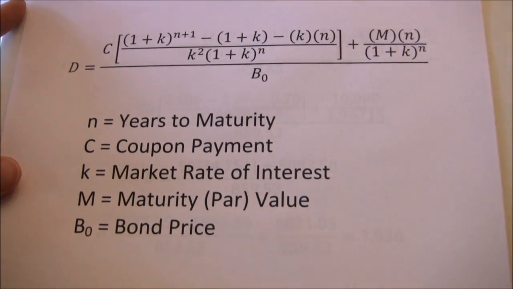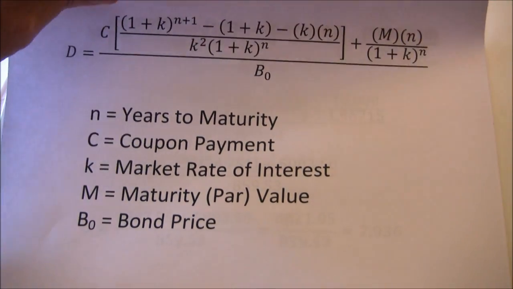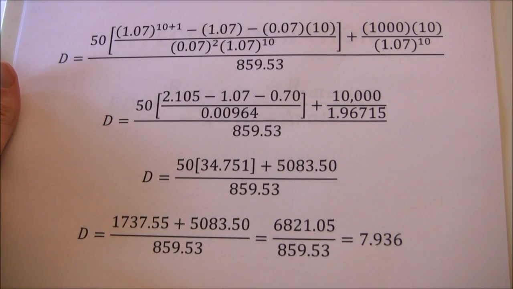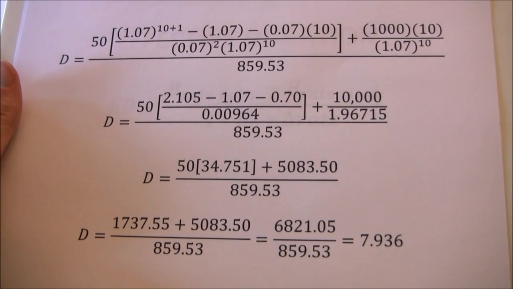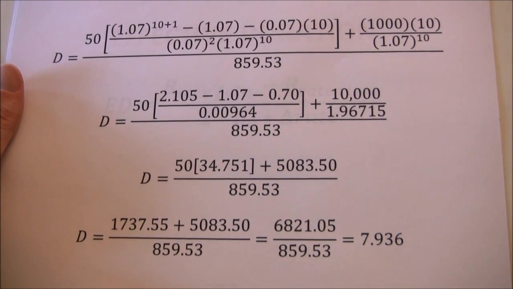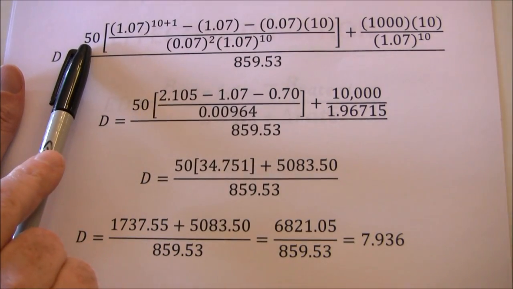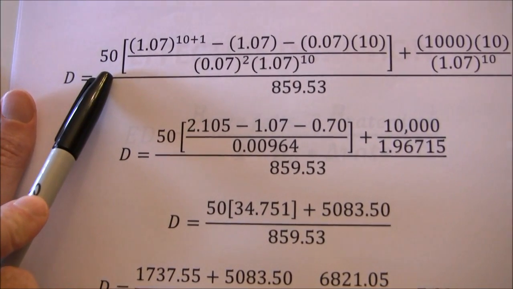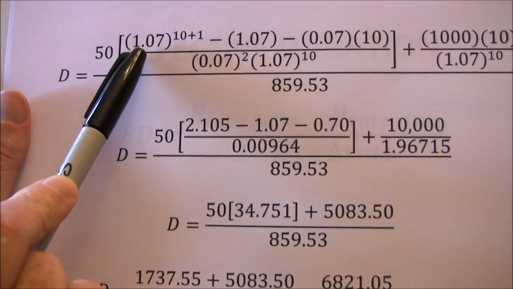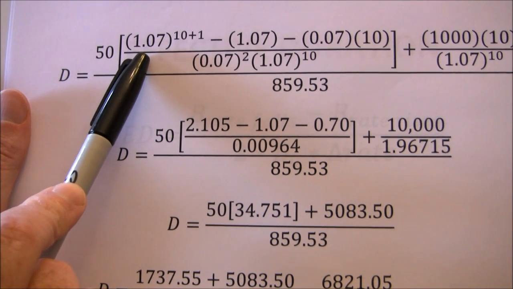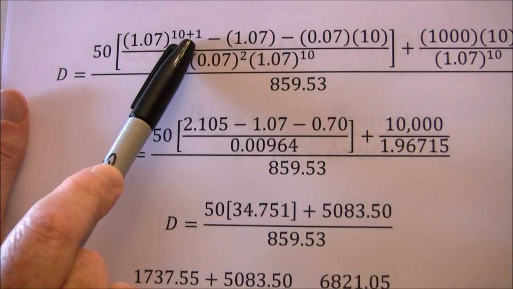So once we have that formula, again, let's go to our example. And again, I did these calculations ahead of time to save a little bit of time on this video. I strongly encourage you to walk through these calculations on your own, get some practice doing it, and you'll get a better feel for how to apply the formula. But we start out with our coupon payment. Remember, it was a 5% coupon bond that we were looking at. So we had a coupon payment of $50. Our market rate of interest was 7%, so 1 plus 0.07 to the n plus 1 power.